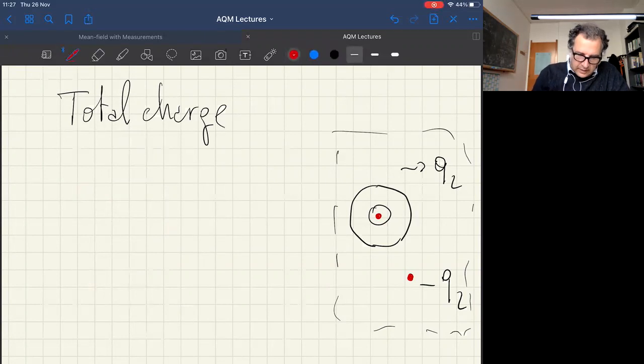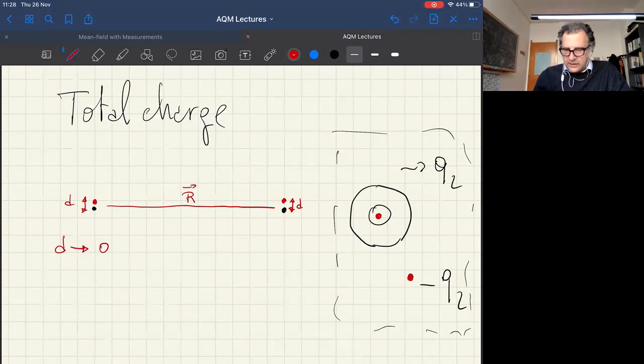If you have two charges, positive and negative, which are very, very close, this is distance D, and this is distance R. If D goes to 0, okay, let's do this example.